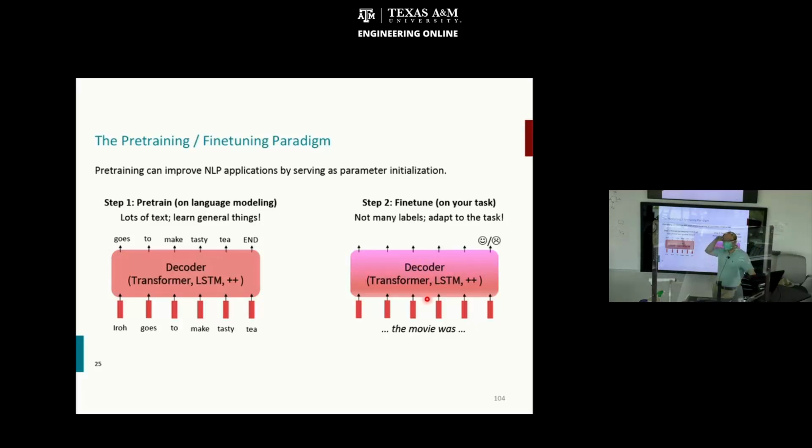So why do we believe this kind of pre-training fine-tuning approach might work? I'm going to ask you to think about these questions from the perspective of optimization. In the pre-training stage, you have a loss L pre-train, a function of all the model parameters theta, right?